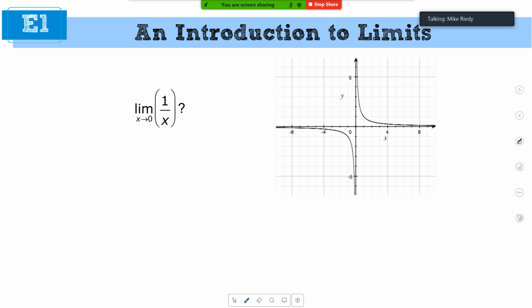Here come the questions. What is the limit as x approaches 0 from the positive side? As I come from the right and the x value gets closer and closer to 0, what does the y value get closer and closer to?